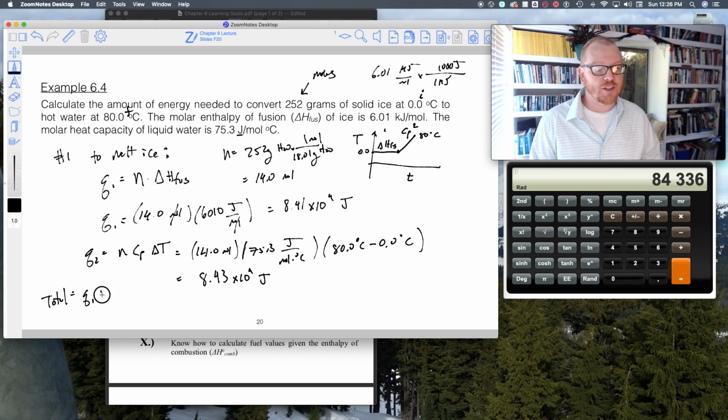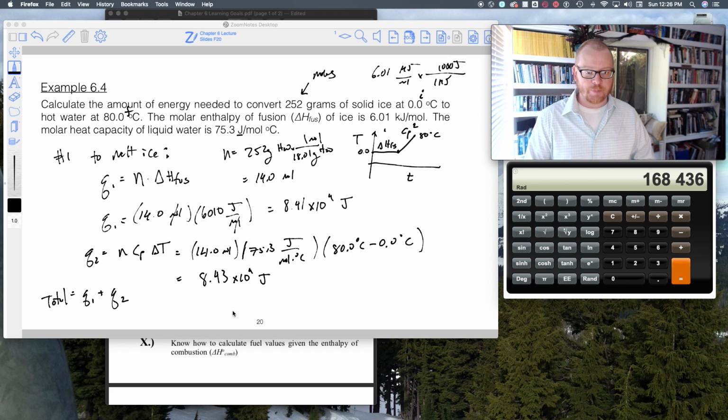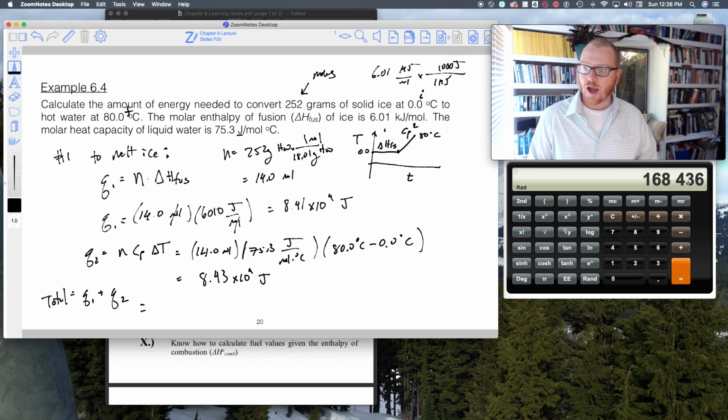So now my total heat is going to be this Q1 plus Q2. So that number plus 84100 equals Q1 plus Q2, which is 1.68 times 10 to the 5th joules.